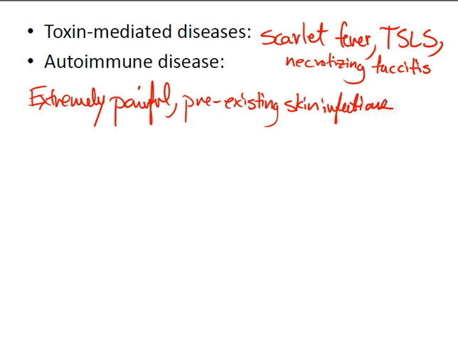Now, blood cultures are typically positive in toxic shock-like syndrome versus negative blood cultures in Staph aureus toxic shock syndrome.